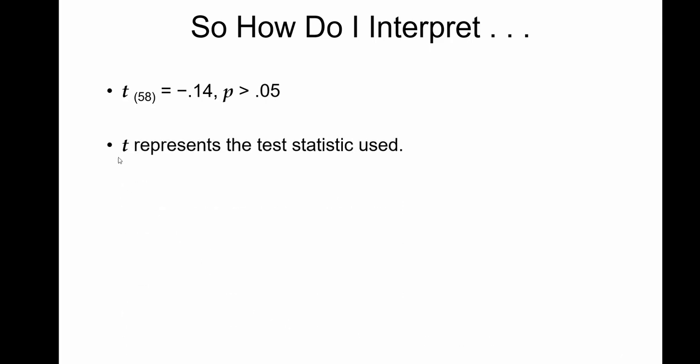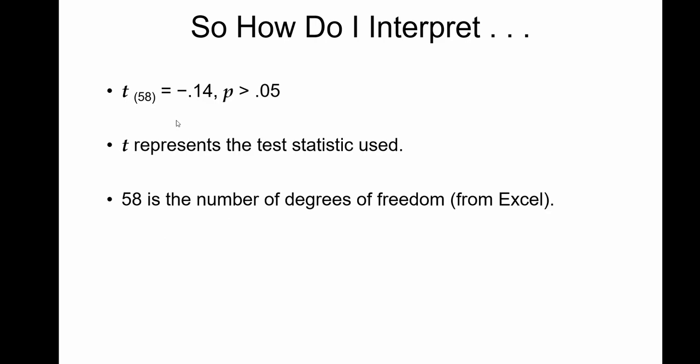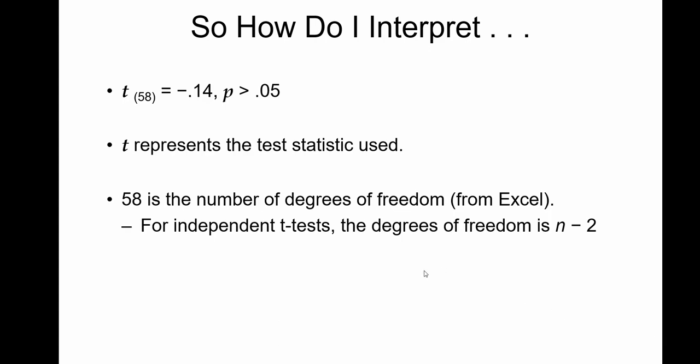I know we did a t-test because there's a t right here. The parentheses is the degrees of freedom, and that's the number from Excel. Since this is an independent samples t-test, the number here is the total number of people minus 2. So in this particular example, there were 60 people in this sample.